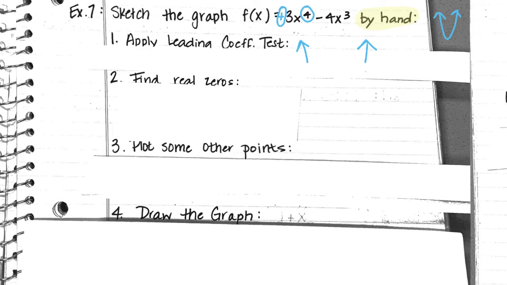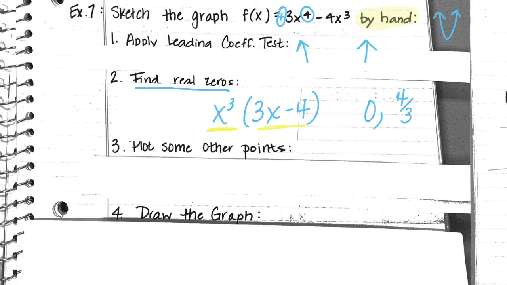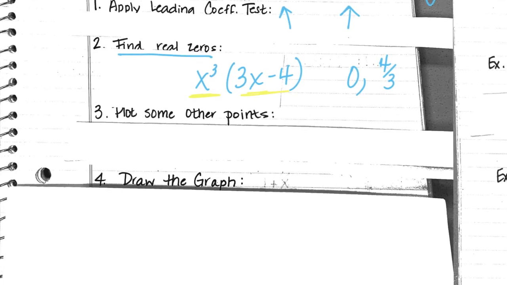Now, they're telling us to find the real zeros. Please excuse my sloppy notes. I should have done a little bit better. I can take out an x cubed here. And when I take that out, I have 3x minus 4 left over. So I know my zeros right here are 0. And I know my zeros over here are 4 over 3. So I'm going to start by graphing what I do know, okay?